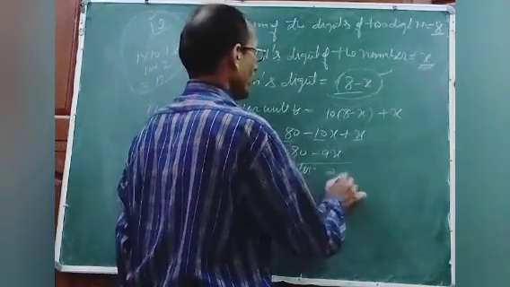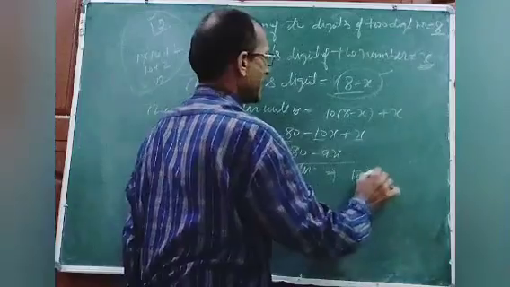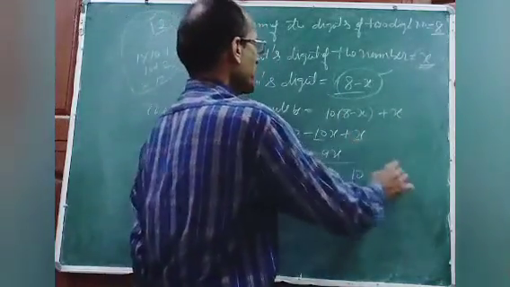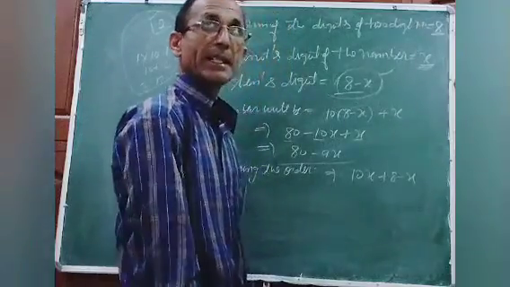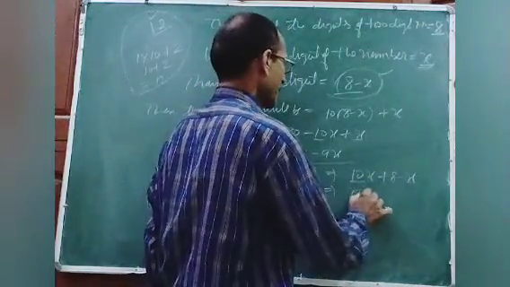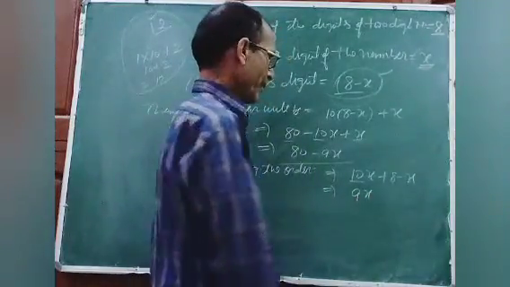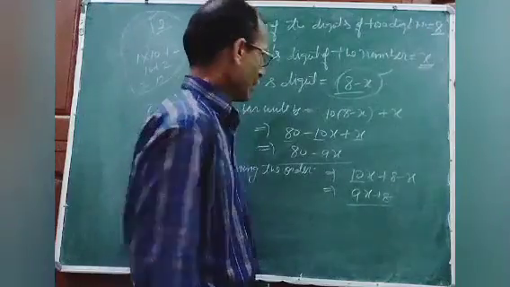So what is the number now? It becomes tens digit x. Now multiply tens digit by 10 and add units digit, it means 8 minus x. So 10x plus 8 minus x, 9x plus 8. This is the new number.